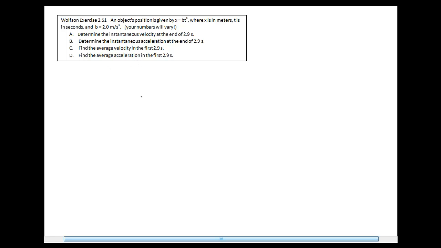Realize, first of all, that when we write down instantaneous, it means that we want to know what the value is at a particular instant, at one particular time, and that's 2.9 seconds. When we talk about an average, inherently, because of the way the average is defined, we're talking about an interval of time, from an initial time to a final time.